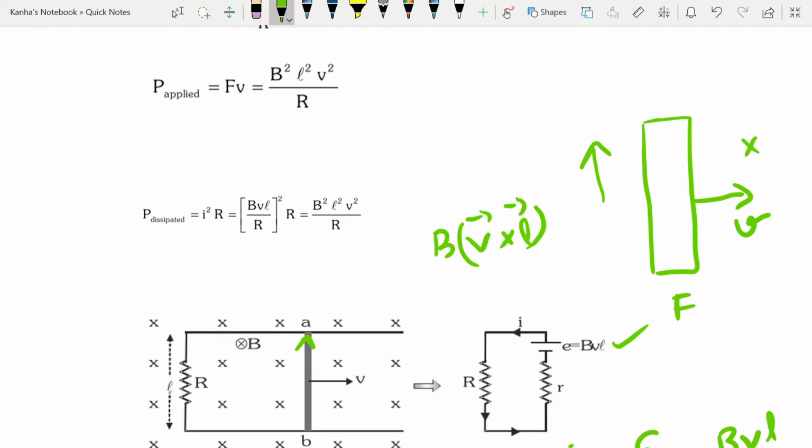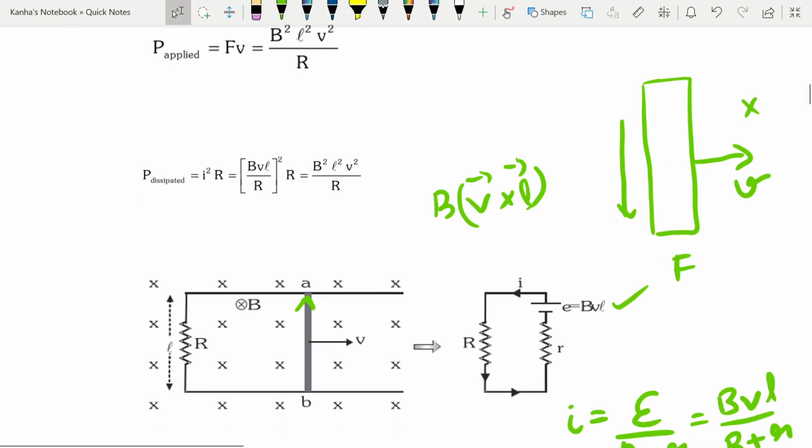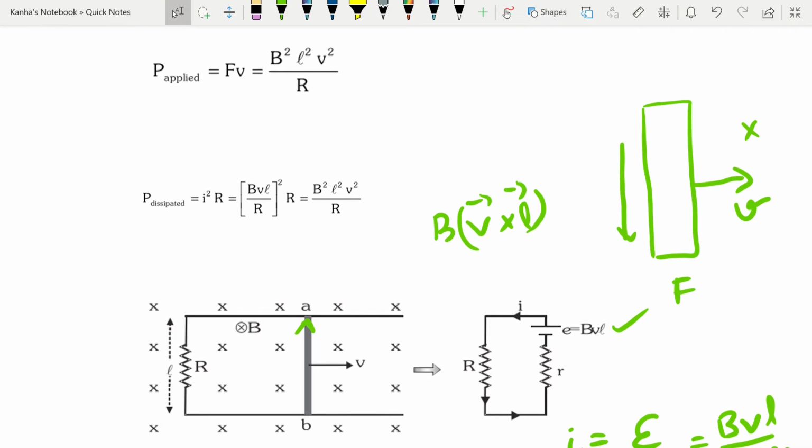This force is on positive carriers, so since electrons are the carriers in the system, the electrons will tend to move in this direction. This means there will be a buildup, so this will become a positively charged end, and this will become a negatively charged end. That is why when I replace this with a battery, the upper end is positive and the lower is negative.